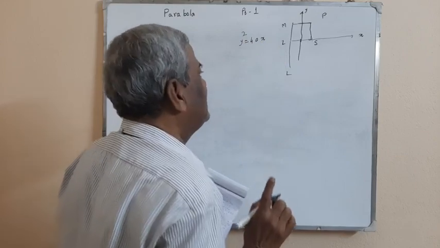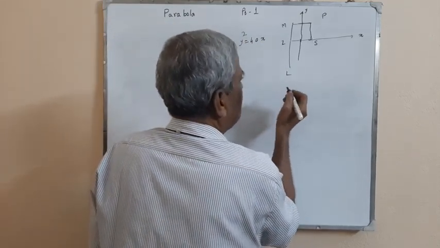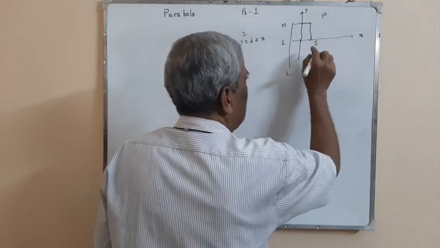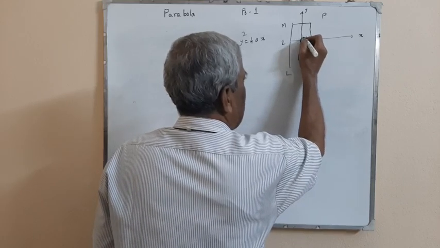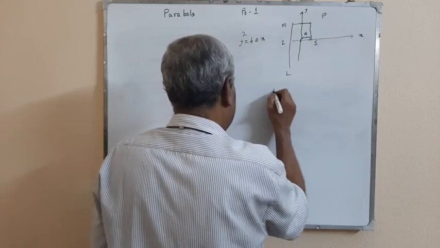We understand x and y. What is a? Suppose the fixed point I told you is S. This distance is a.